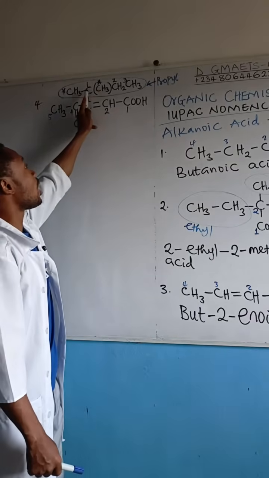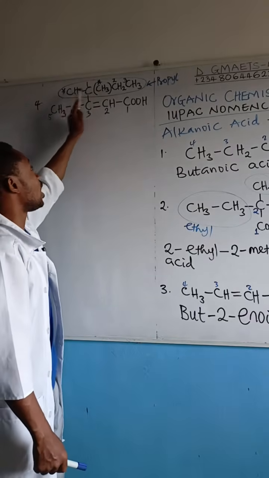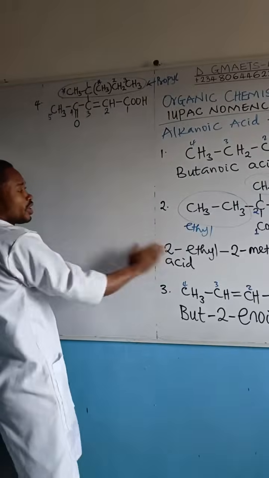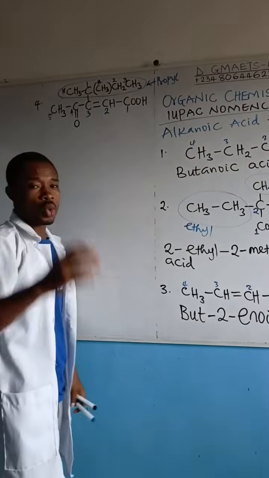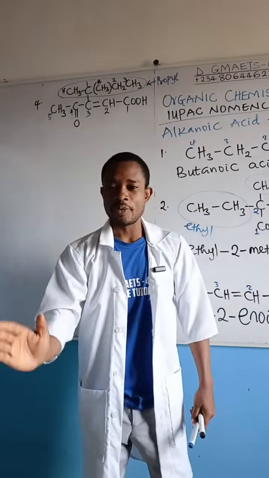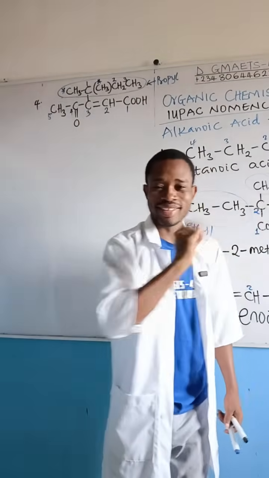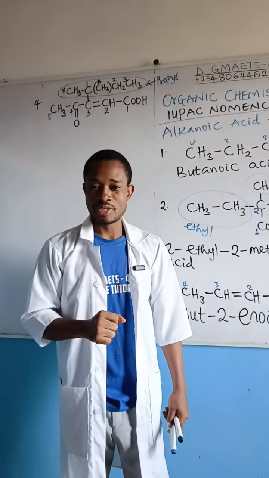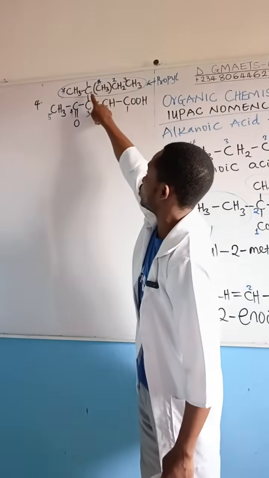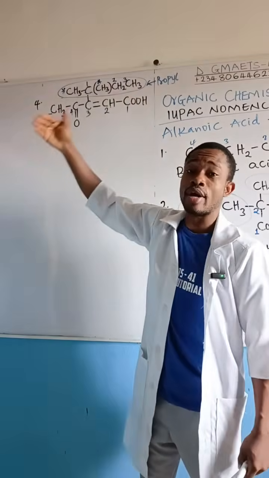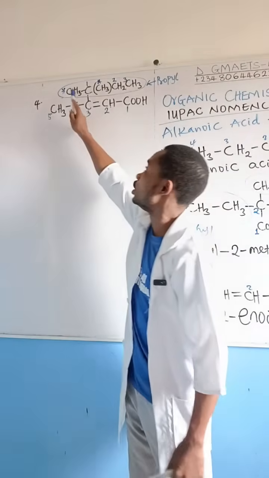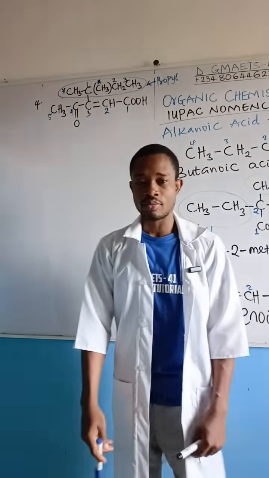Now, on carbon number 1 of this propyl, we have methyl and we have methyl. 2 methyls there. I don't need to write it, no need. We have talked about methyl earlier. So we are saying that on carbon number 1 of the propyl, that propyl gives birth to 2 methyls. So do you see? This whole parent, 5 carbon atoms, gave birth to this 3 carbon atom substituent, propyl. Then that propyl went ahead to give birth to methyl and methyl on carbon number 1.